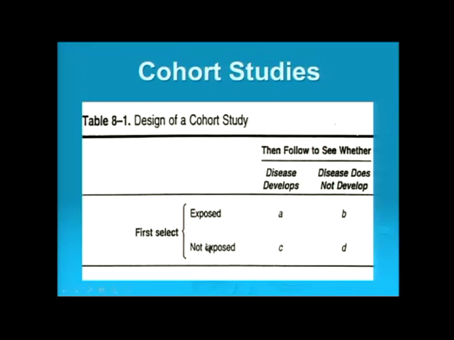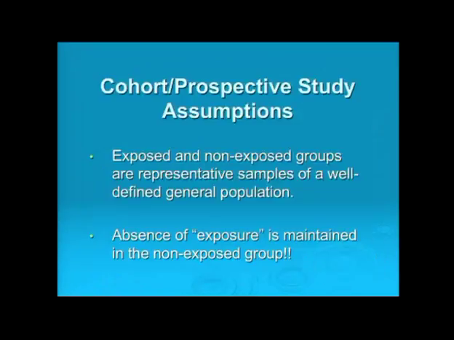So stick to the word exposed and non-exposed. That usually implies to someone that you're doing a cohort study. You may occasionally hear me call this exposed and this your comparison group. You could use that term, but don't use the term control group, okay? And so we again have identified these cells as A, B, C, D. Stop me if you have questions, okay?